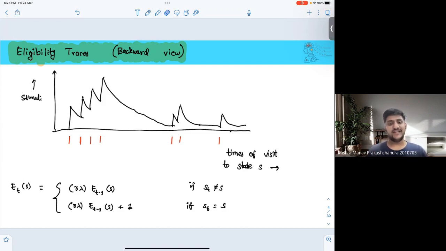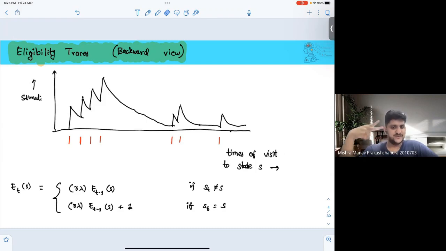Okay. And for the next time step, if I don't visit it, the eligibility keeps decreasing by a factor of gamma times lambda. Okay. So there are two factors in play. One is gamma, one is lambda. And based on that, it keeps on decaying exponentially until it again encounters state S, and then it gets a value of +1, and so on. Okay.